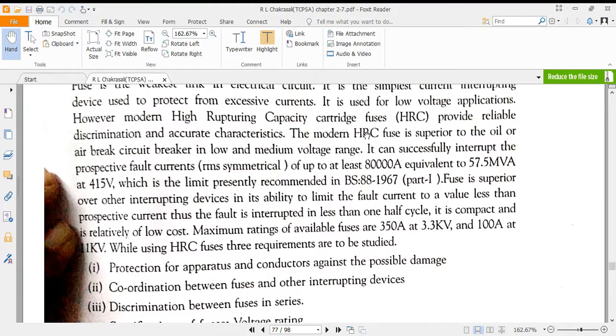They can handle 80,000 amperes of current, which means the specification of the circuit breaker or the equipment will be around 57.5 MVA at 415 volts.